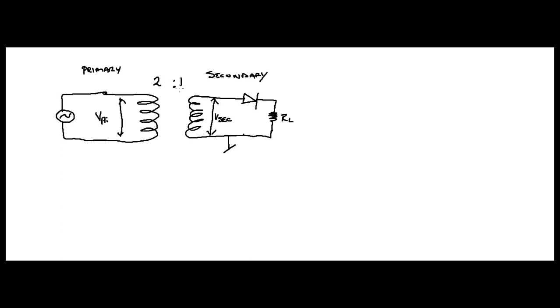Suppose it's 2 to 1. That means your V secondary is going to equal 1/2 your V primary, because this is equal to N, isn't it? All right?